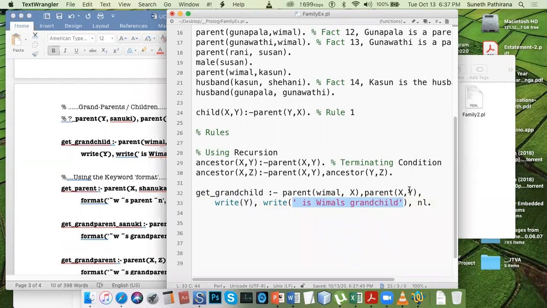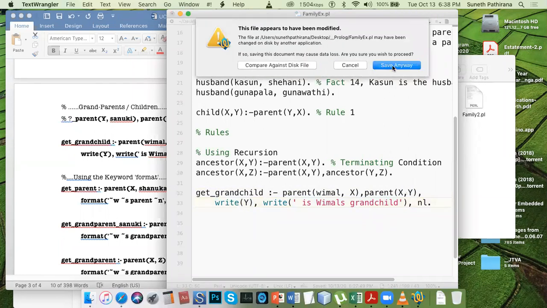That means Y is going to be the grandchild of Vimal. A new line character means you can continue for the next line.